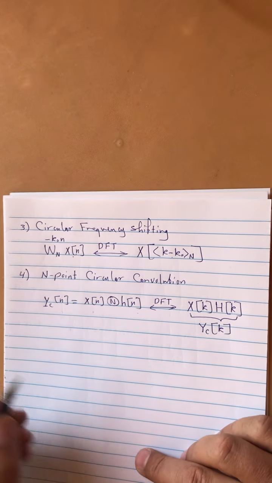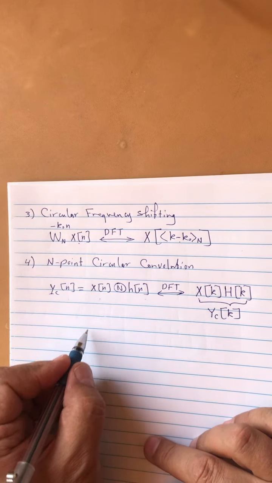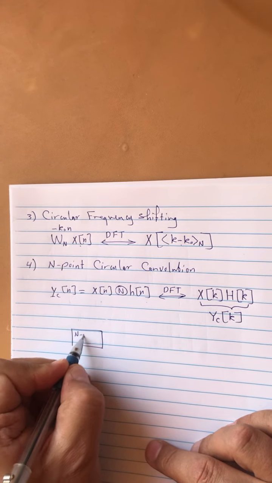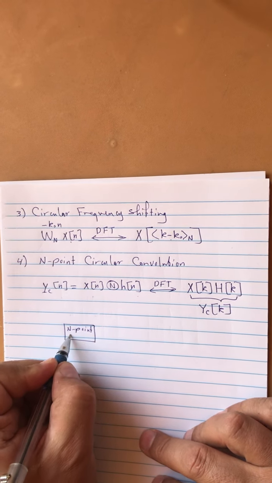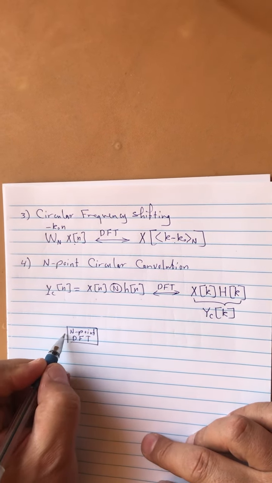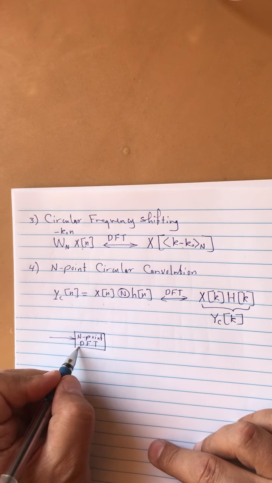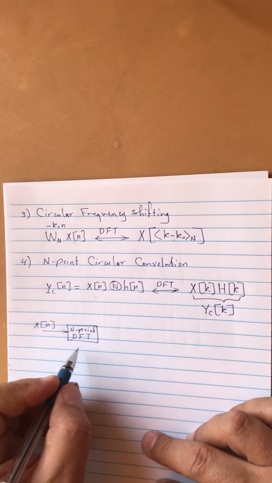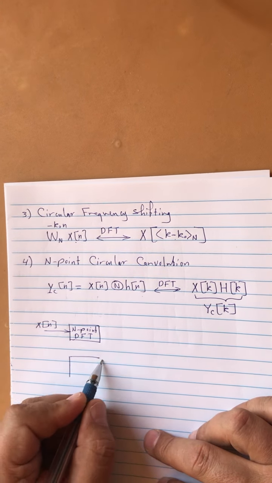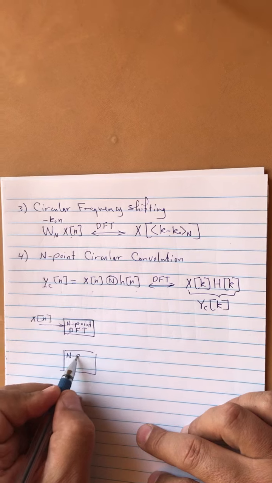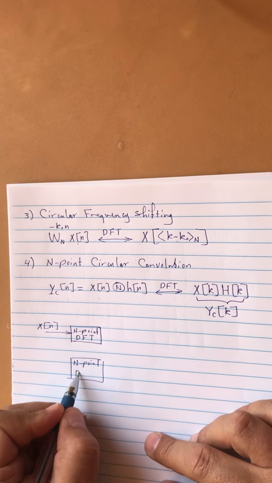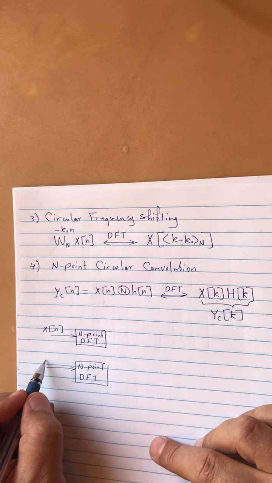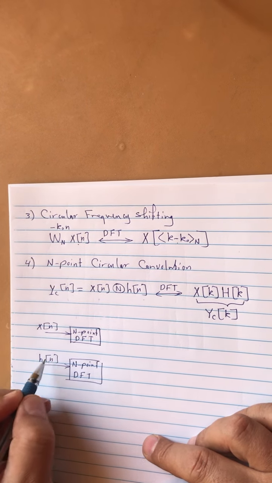All right. In a block diagram, we can demonstrate this in the following manner. If we have an N-point DFT system, we apply x of n as an input to it, and we have another system, an N-point DFT also, a replica of it, and apply h of n as an input to this system.